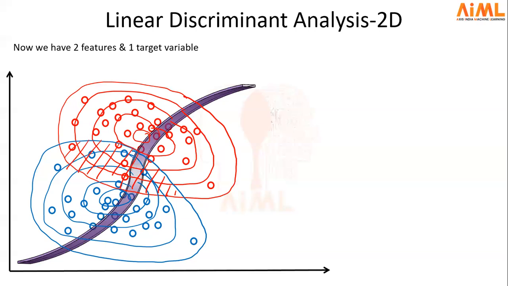One more interesting observation, which you have seen from the previous scenario of one feature, is that where the two distributions overlap with each other, there the sigmoid function is making the transition from lower to higher height. Same thing is happening here also. You can clearly see that this is our overlapping region, and in this overlapping region only, the sigmoid function is making the transition from lower height to higher height.